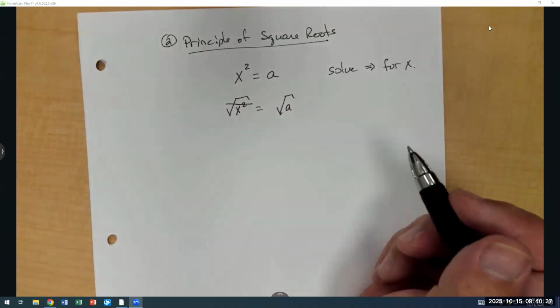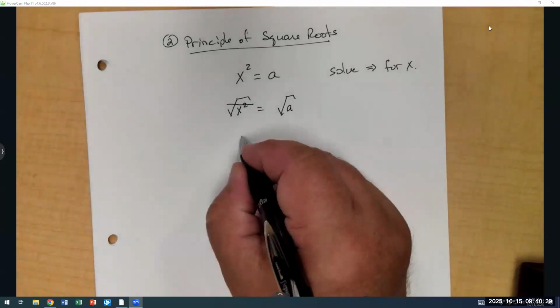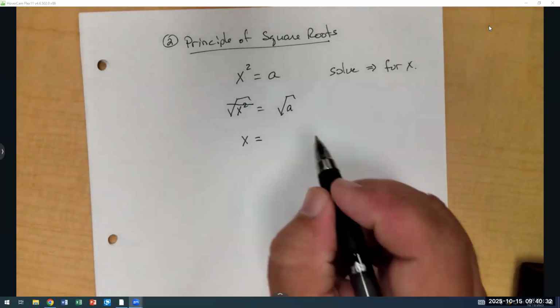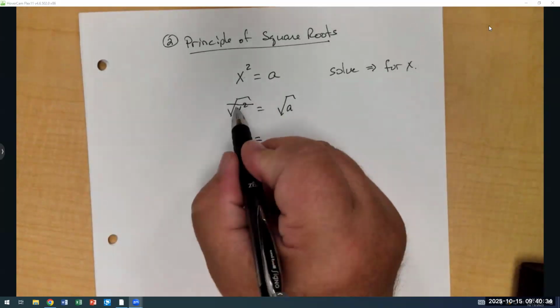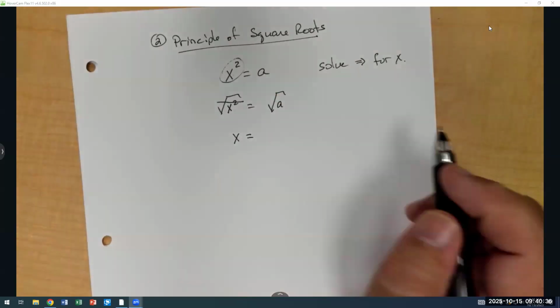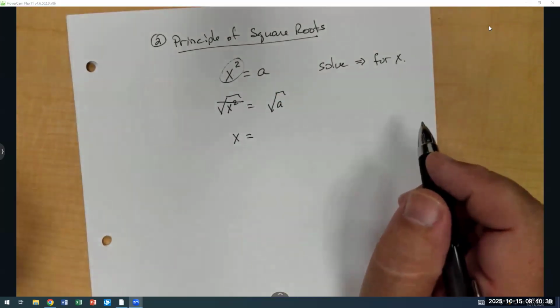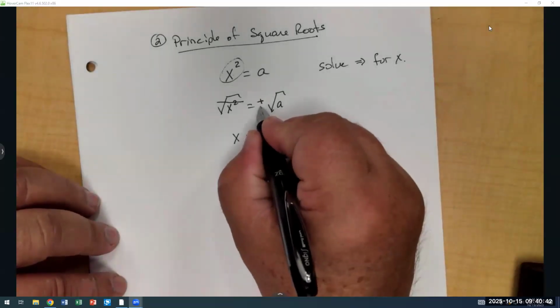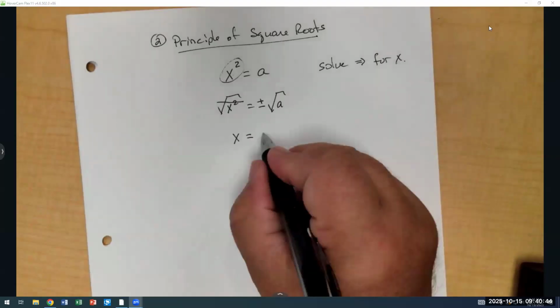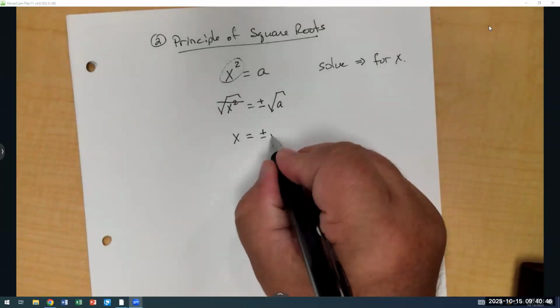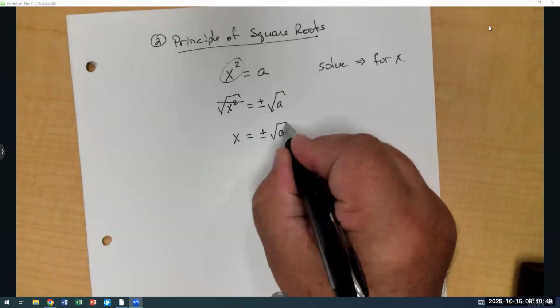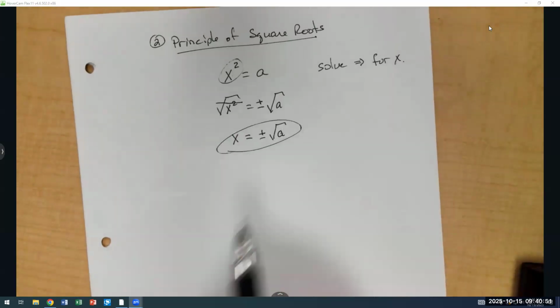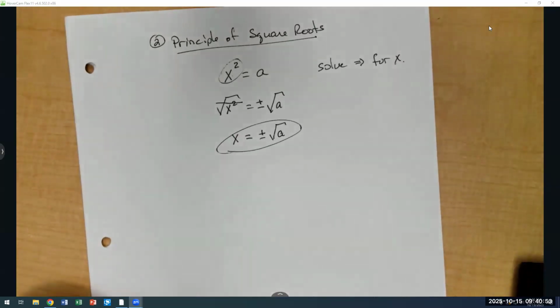I'll show you why that is in a second. So this becomes x. Whenever you take the square root of a number that's squared, always put a plus or minus in front of the answer. That's what the principle of square roots is.